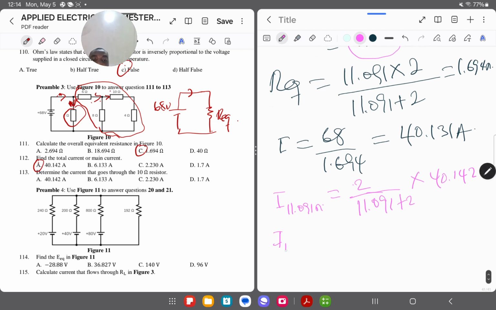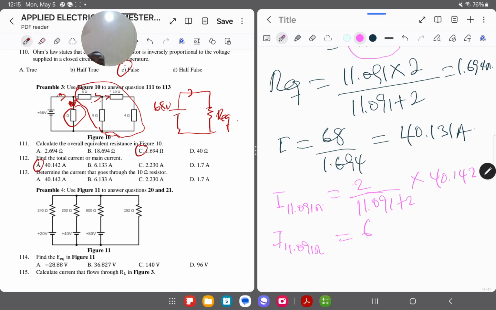Now the current here becomes, meaning we get 2 divided by 11.091 plus 2 times 40.142.